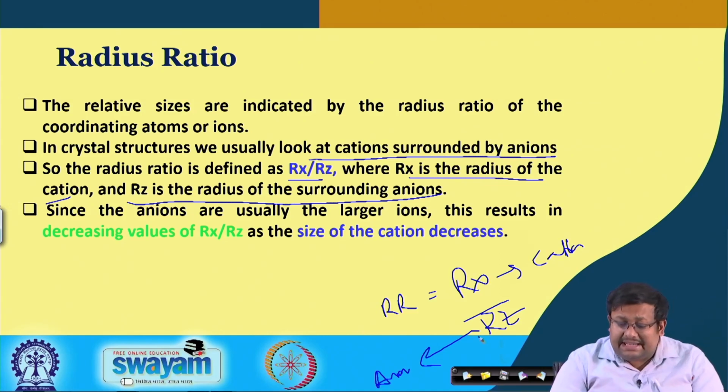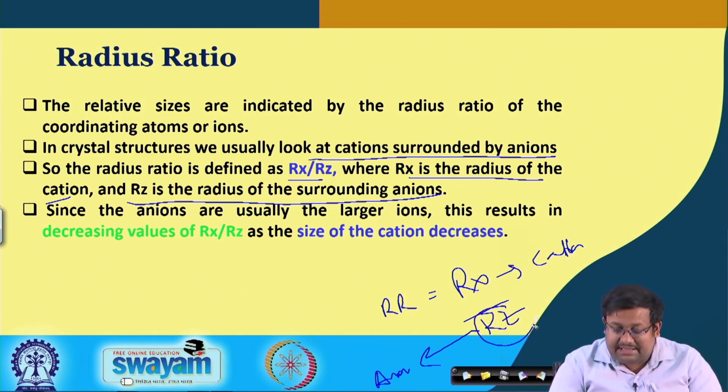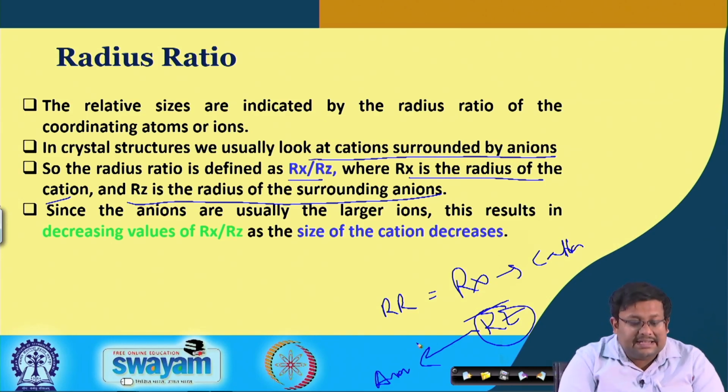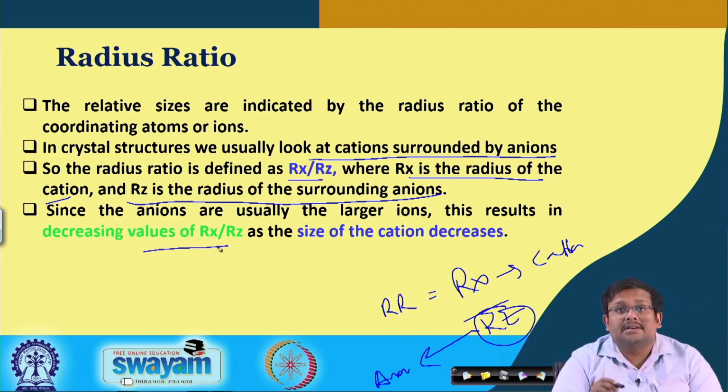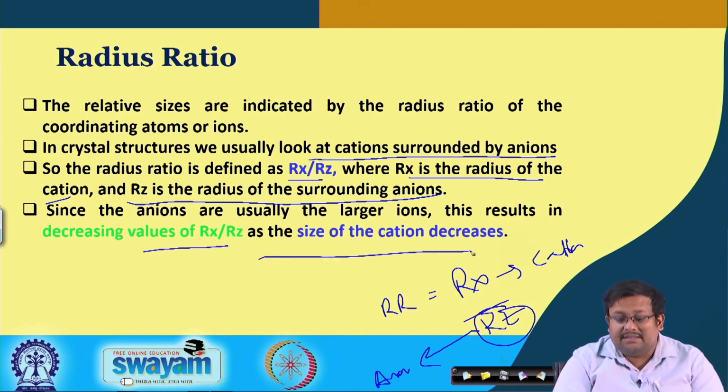So, basically the radius ratio is the ratio of the radius of the cations to the radius of the surrounding anions. Now, since the anions are usually larger, the value of Rx over Rz decreases as the size of the cation decreases.